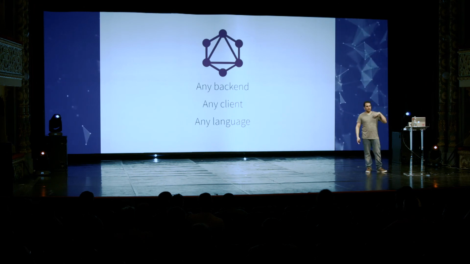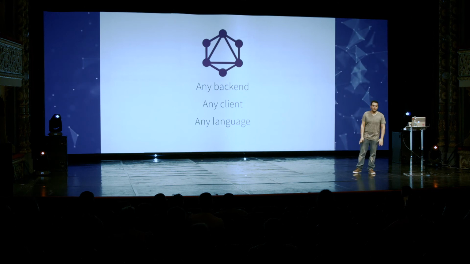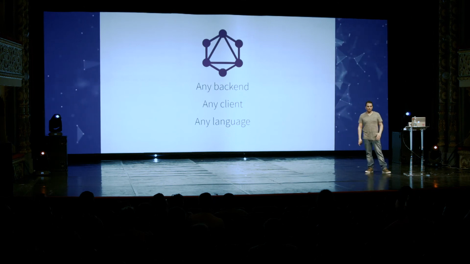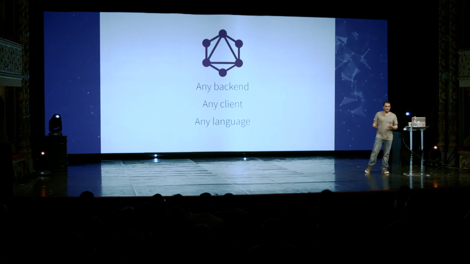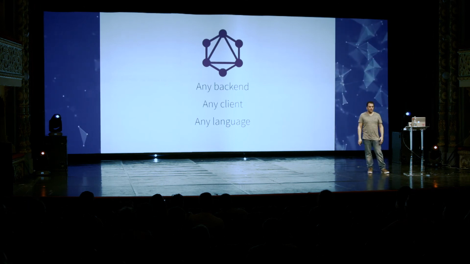Another thing that I want to mention is the Apollo project. Apollo is an abstraction over GraphQL. It's just another layer, and it helps you to connect GraphQL queries, mutations and data to the actual component and UI.